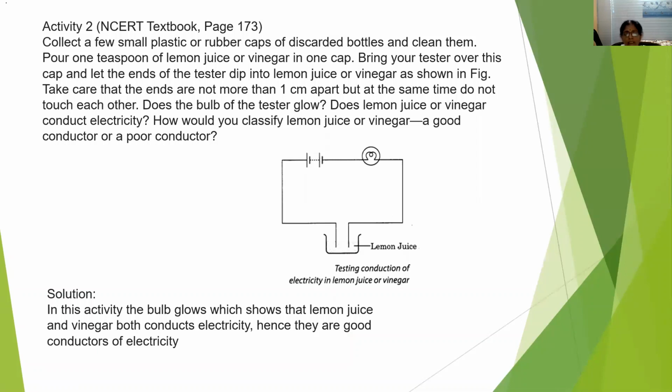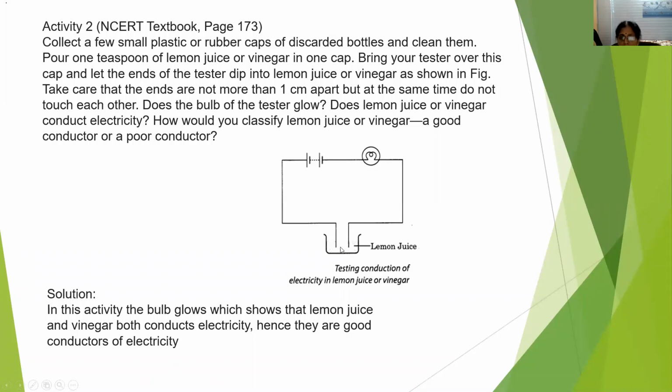Now we have to take care that the ends are not more than 1 centimeter apart, and at the same time they should not touch each other. Now if you keep the setup like this, does the bulb of the tester glow?